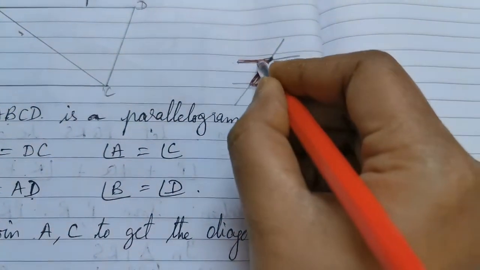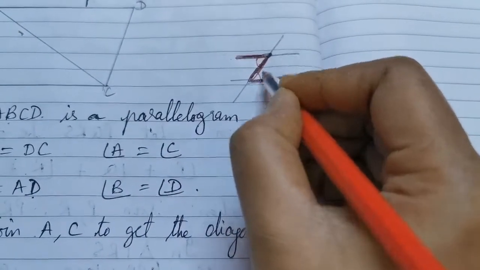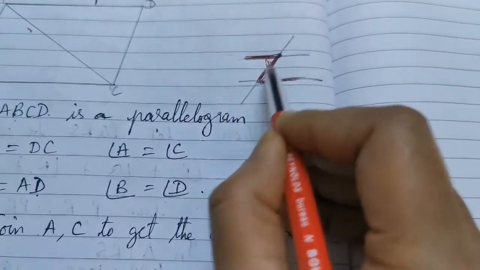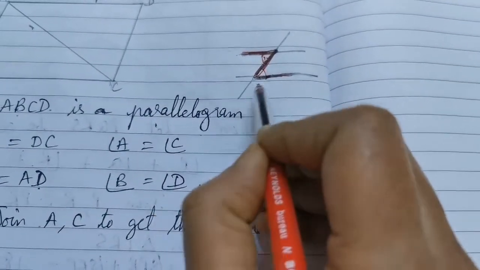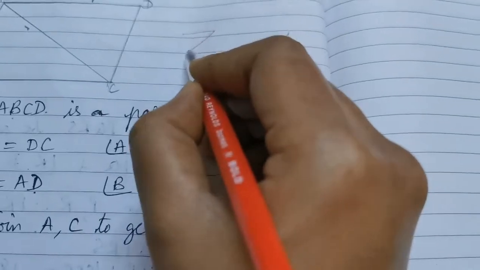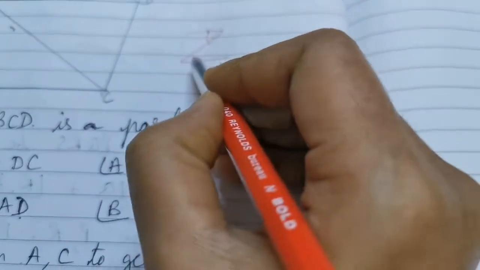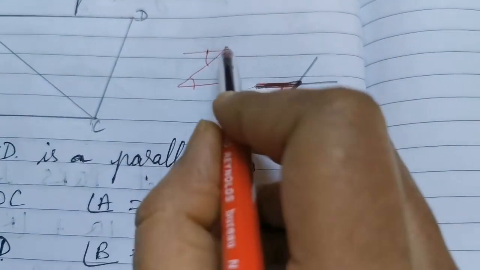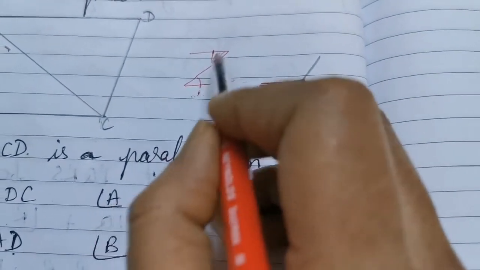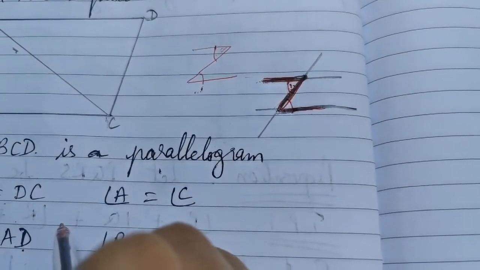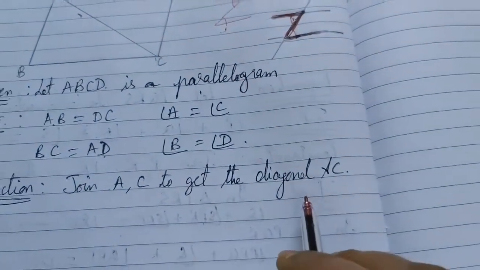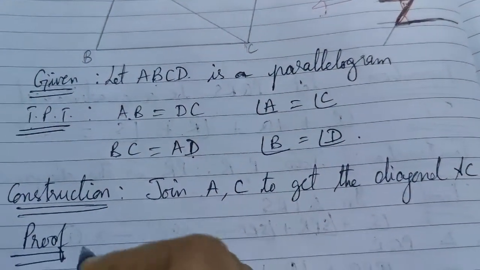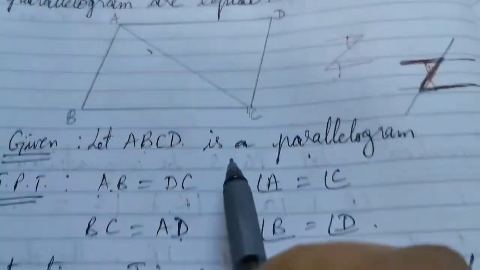The angles formed at the corners of the Z shape: I have a corner here, and the angle formed there, and another corner here where another angle is formed. These angles are equal. They are called alternate angles. So I will refer to my alternate angles to prove this statement.